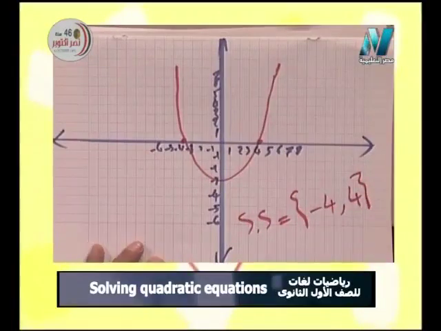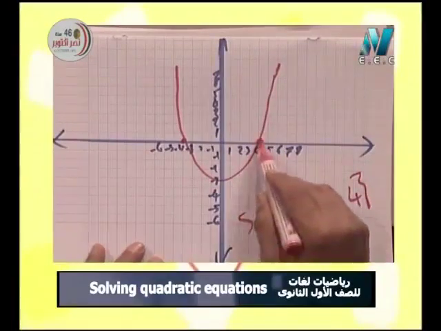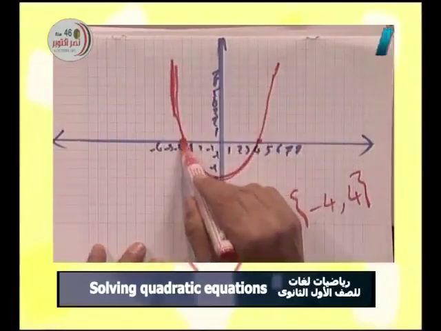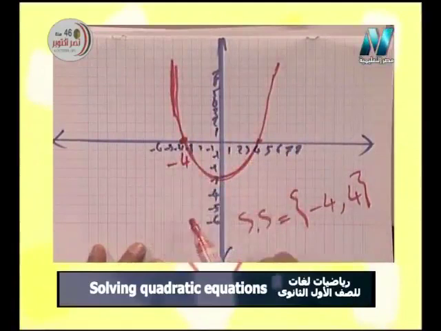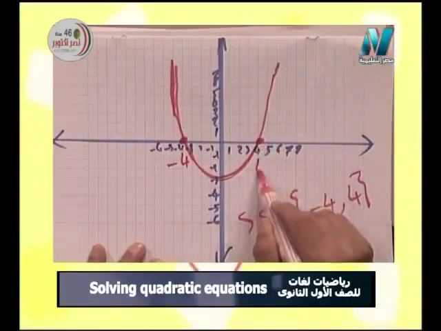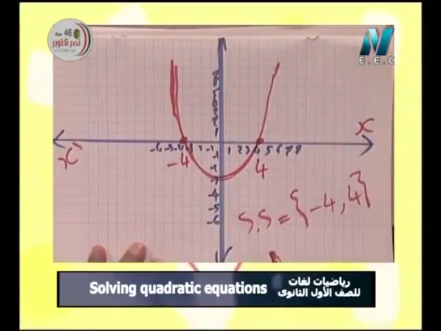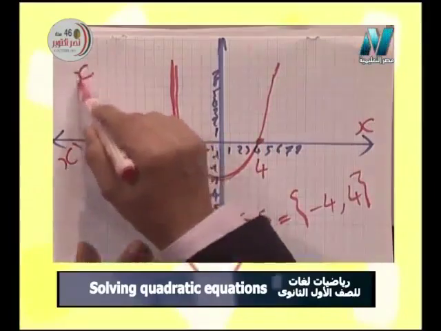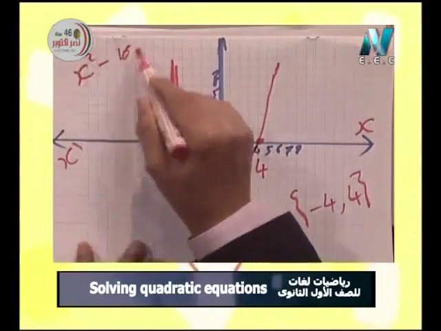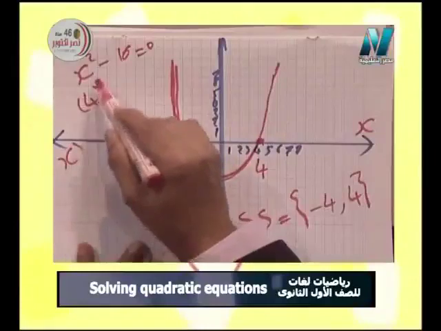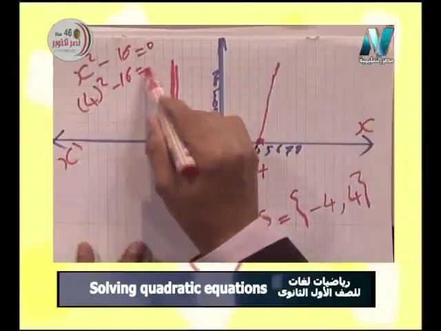Why negative 4 and 4? Because the graph here passes through negative 4, and here passes through 4 on the x-axis, which means when we substitute in the equation x power 2 minus 16 equals 0, about 4, it will be 4 power 2 minus 16, it will be 0.